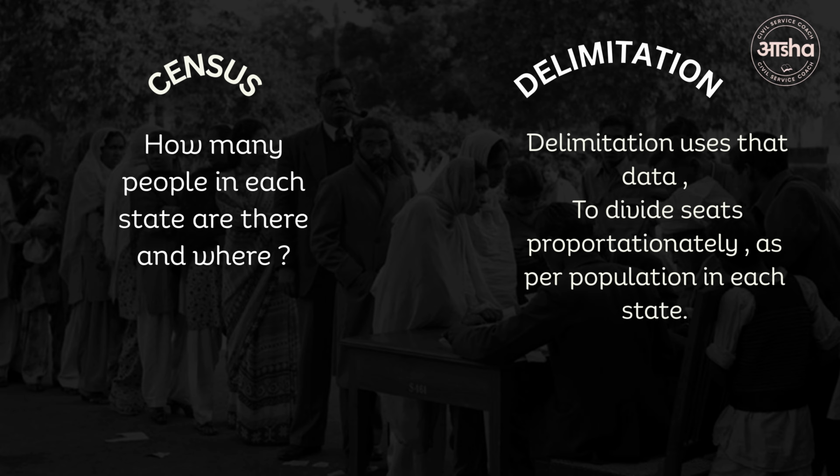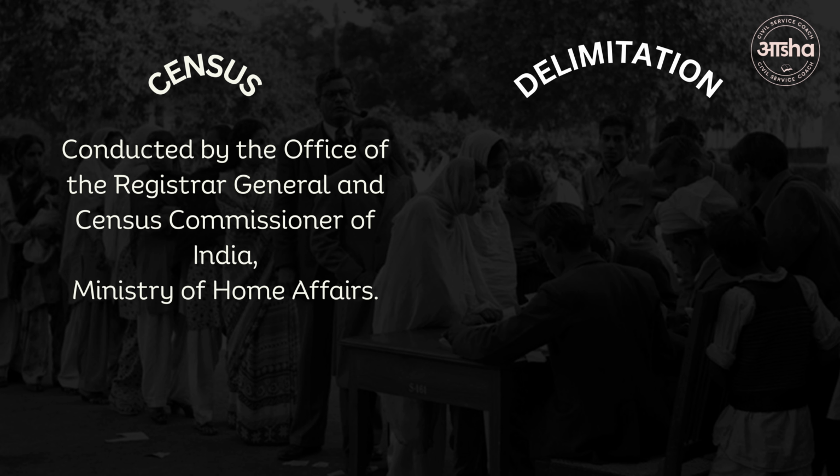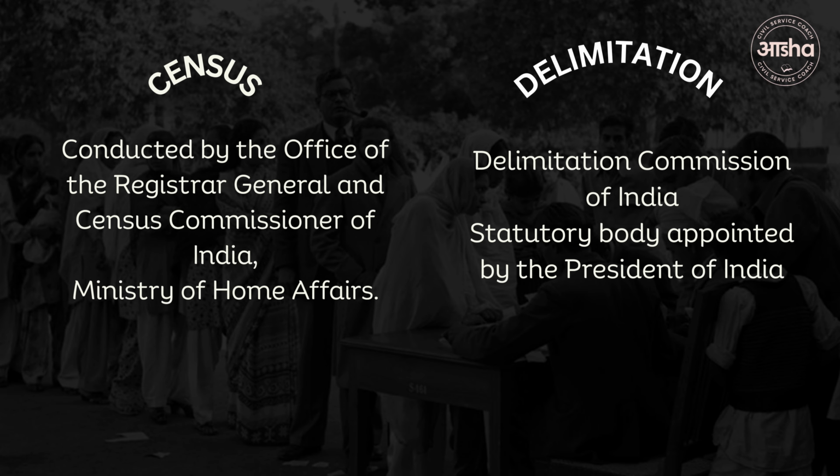Census gives population data, and delimitation uses that data to divide the seats fairly. Census is conducted by the Ministry of Home Affairs, and the delimitation is done by a statutory body appointed by the President of India. Till now, the delimitation has been enacted 4 times. Let us understand this better with examples first.